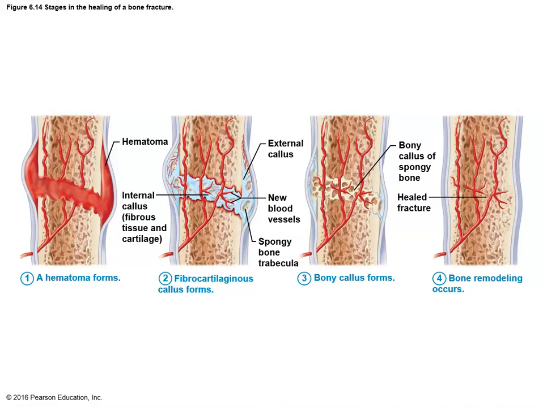So in step 3, we start to replace that cartilage with spongy bone. The spongy bone then basically connects the bone pieces back together again with bone. We eventually replace and carve down that spongy bone on the outside, get it compacted back to the form of compact bone, and so that's osteoclasts coming in and remodeling that bone lump at that point.